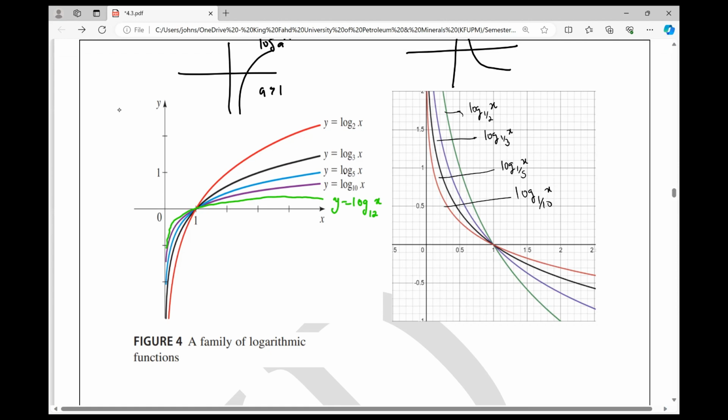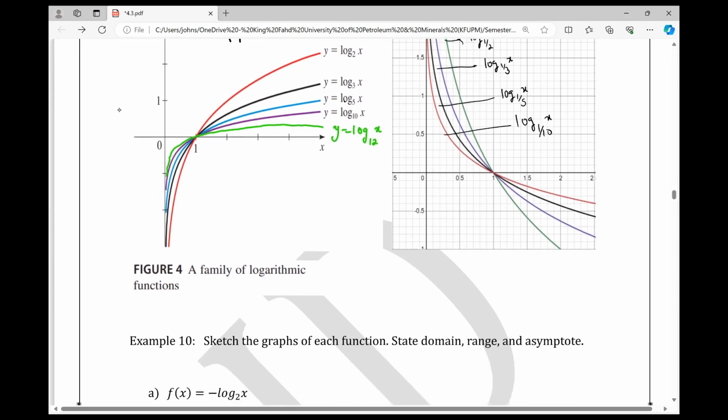While in this case, when the base is between 0 and 1, you're going to have this. Now you see that the bigger the number, because log to base half is bigger than log to base 1 over 3, so the smaller the number in this case, the closer it is to the positive y-axis. So this is just to compare the bases.